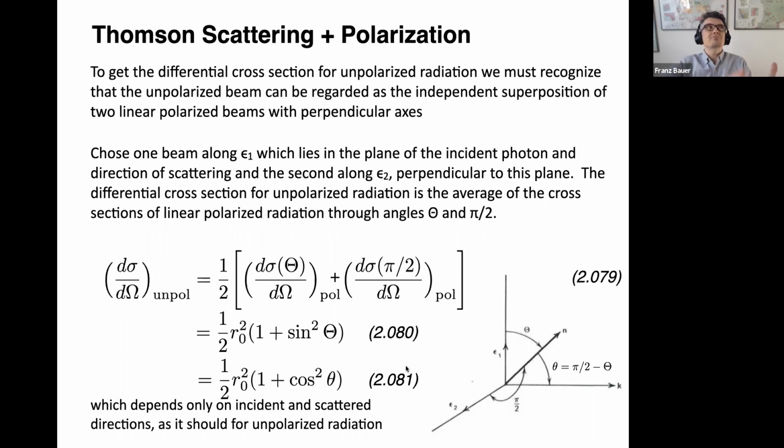If you have a bunch of light coming in which is unpolarized, this thing acts like a filter or cone, and only certain incident polarizations will be scattered in that direction, because this depends on the oscillation vector of the electron.